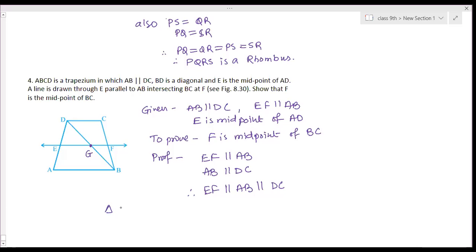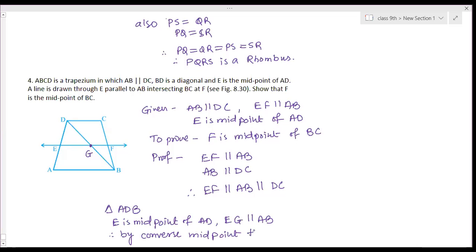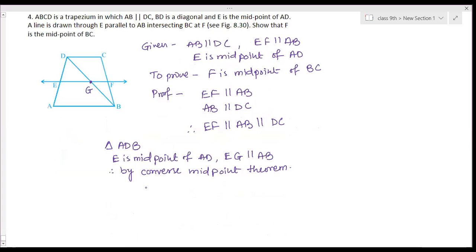And then use triangle ADB. E is midpoint of AD, EG parallel to AB. Therefore, by converse midpoint theorem, G is midpoint of BD.